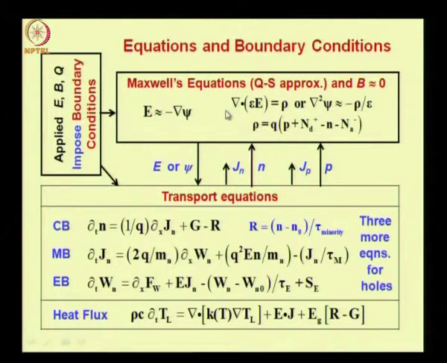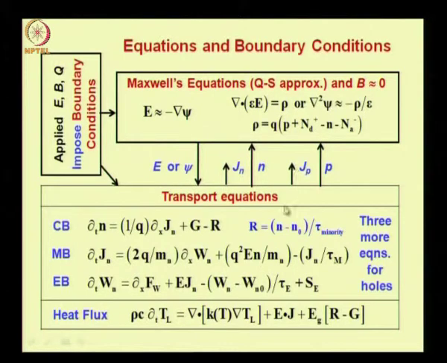So the Maxwell's equations give you the information about the electric field, and they in turn require the input as concentration of electrons and holes, because you need to use the space charge here to get the electric field.